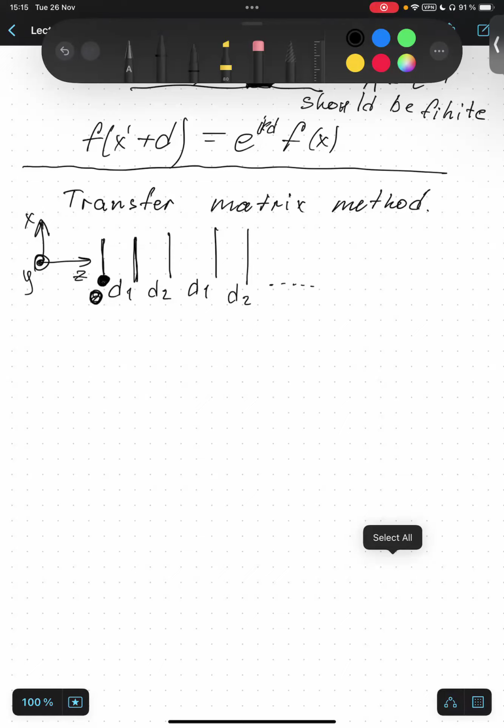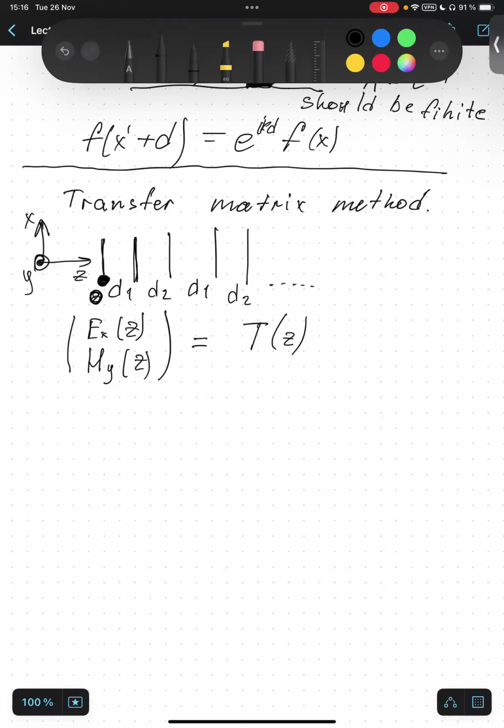First, let's consider the TM waves traveling in such systems, and we can write such a matrix equation. Remember which components we have in TE and TM waves: Ex, Hy at d1 equal to some matrix T, which also depends on the layer, times Ex at 0, Hy at 0.